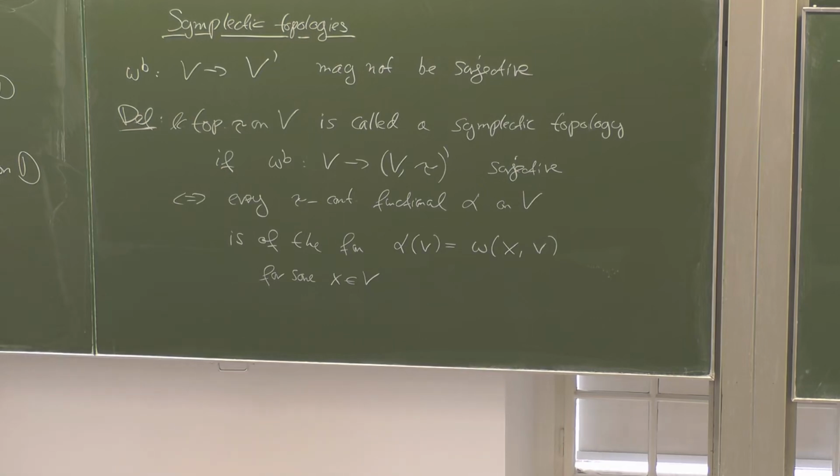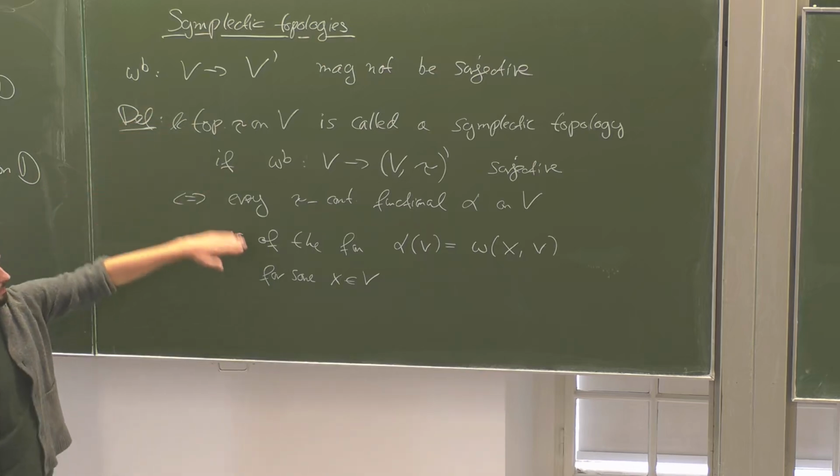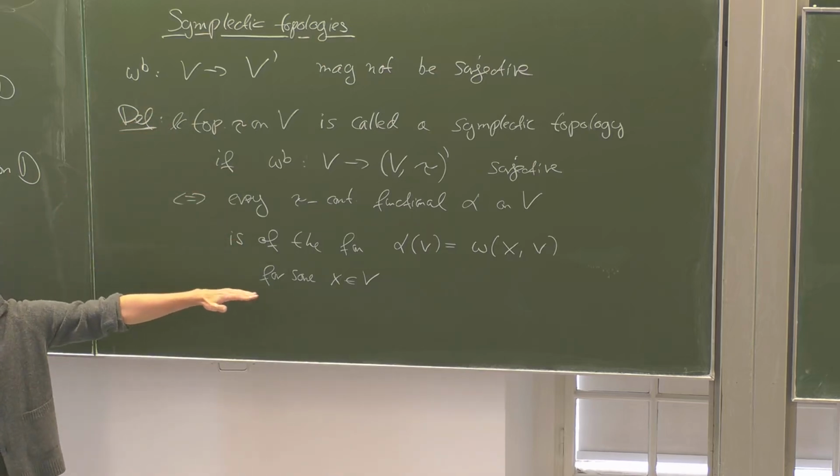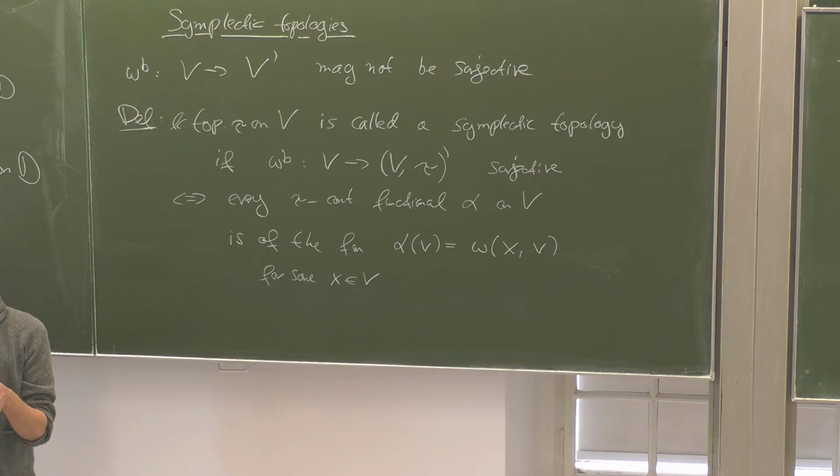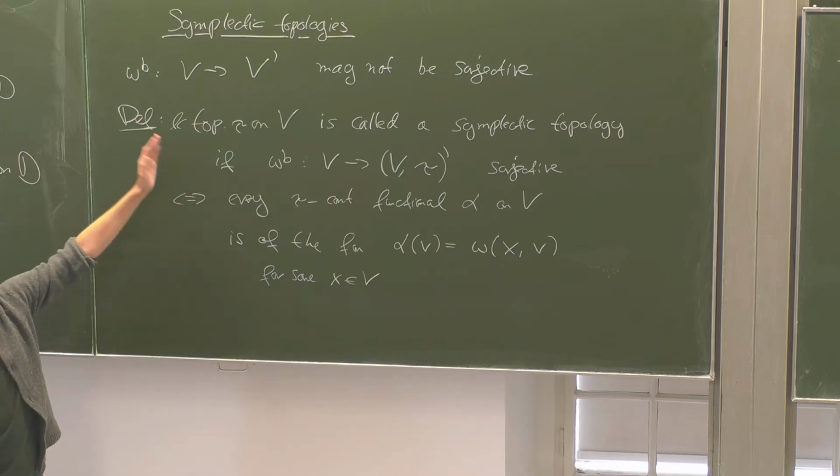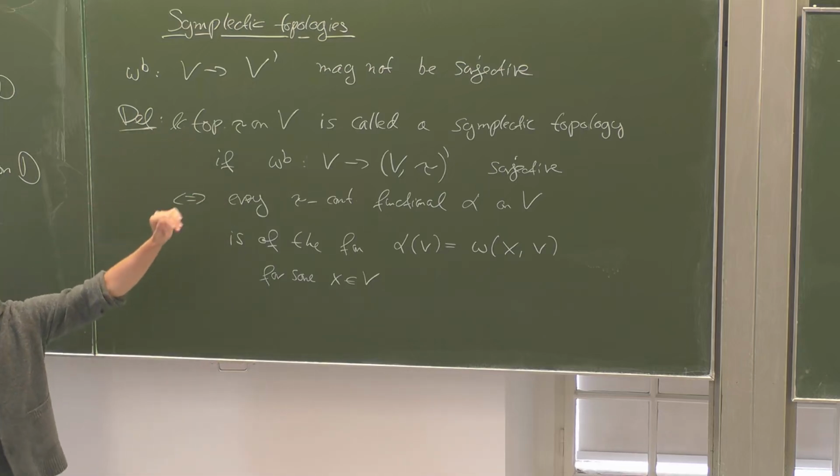For example, you can take the dual pair that is given by the vector space and its topological dual, and then you get weak topologies and all of that kind of stuff. Morally speaking, it's the same kind of structure: you first start with some kind of duality, and then from that you get a certain kind of topologies. And it's the same thing, except that the pairing is now given by the symplectic form.